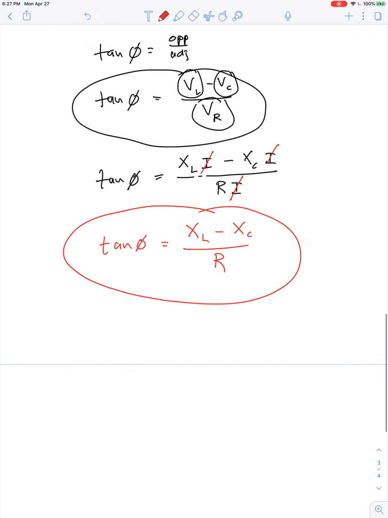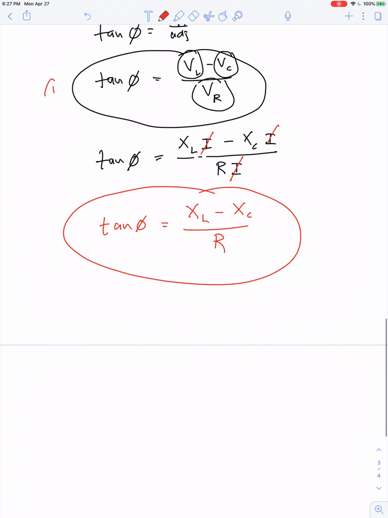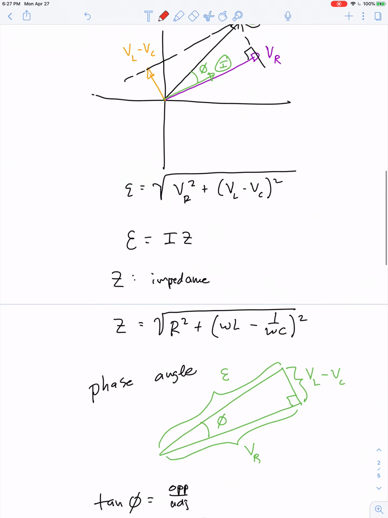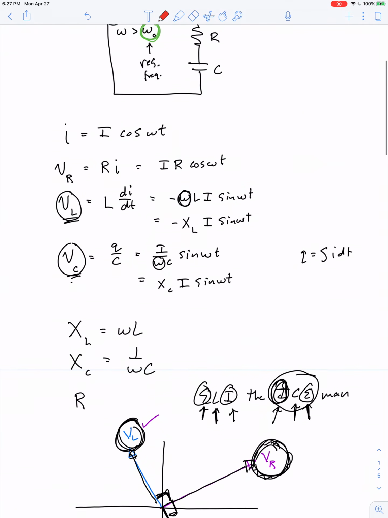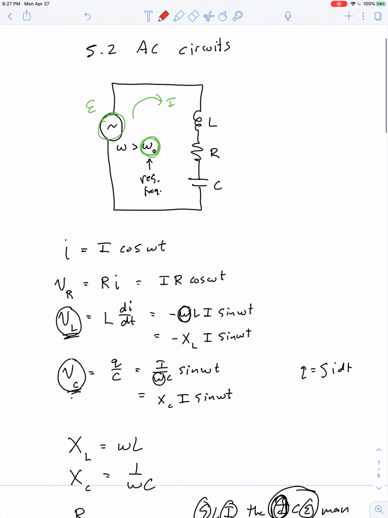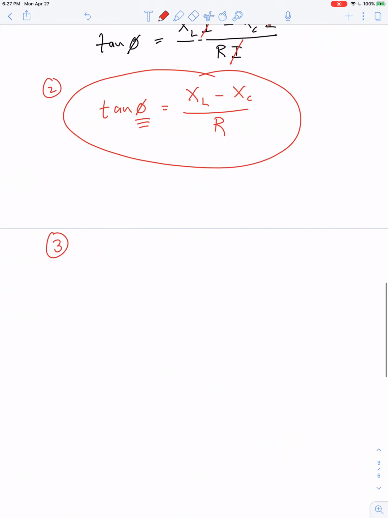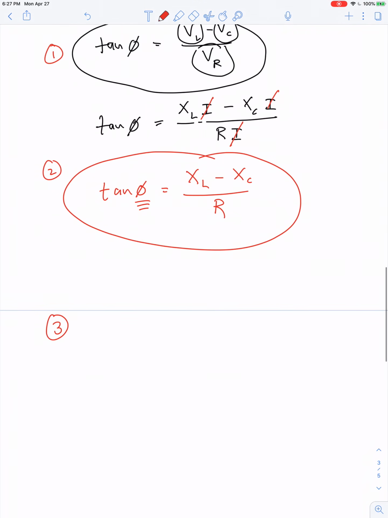We can make yet one more substitution so that we have three different expressions to be used to calculate phase angle in an LRC series circuit that's driven at some frequency other than the resonant frequency. Here's the third formula.